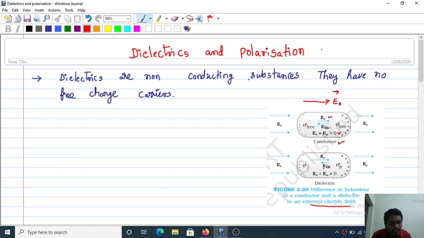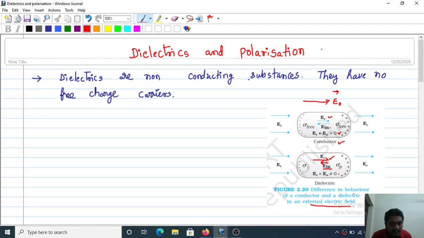But the electric field induced inside has less magnitude compared to the outside electric field. See the arrow marks: this is a bigger arrow, so a large electric field, but only a small, finite electric field is developed due to the induced charges.